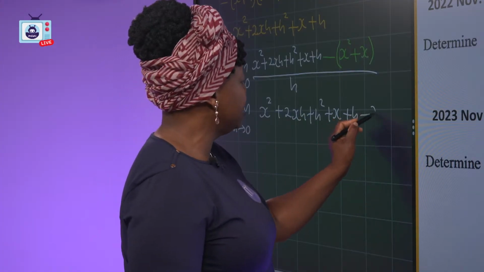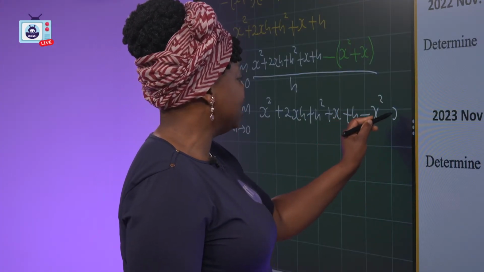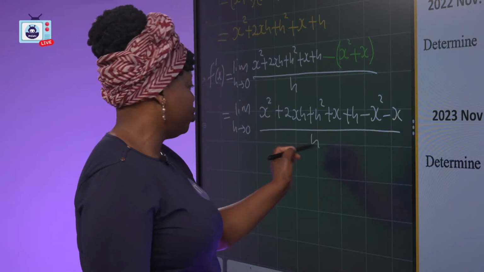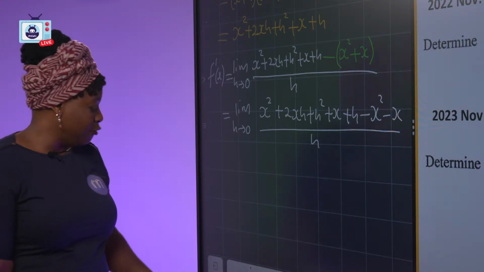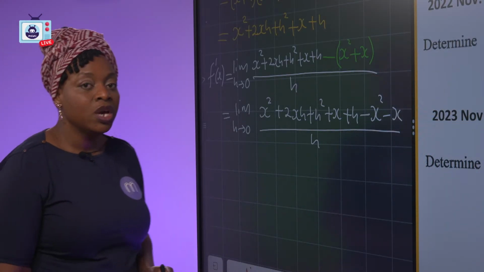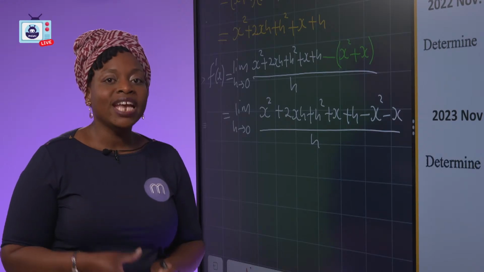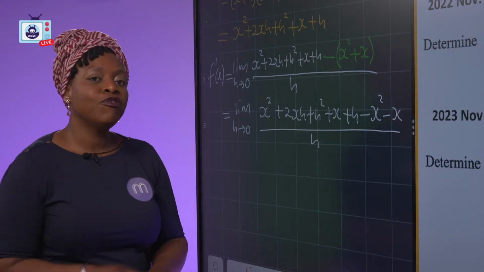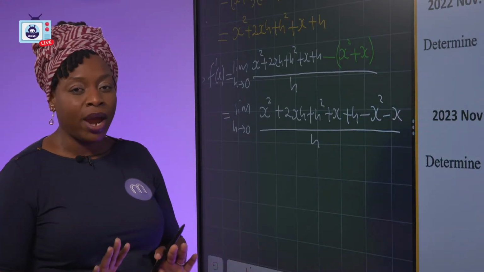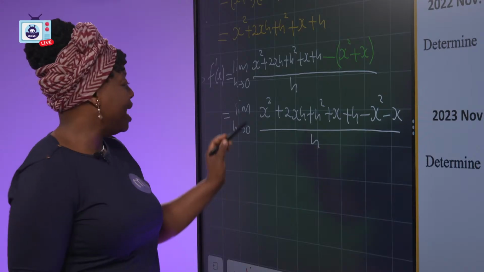Then it's minus x squared minus x. And this all is divided by h. Right, so let's see if we have some like terms that we can deal with, which literally always has to be the case. If you don't have some like terms, you did something wrong somewhere. So please pay attention to that.